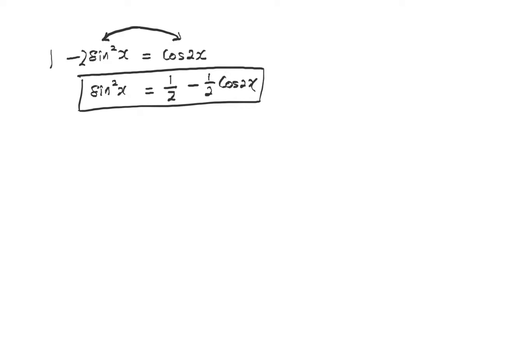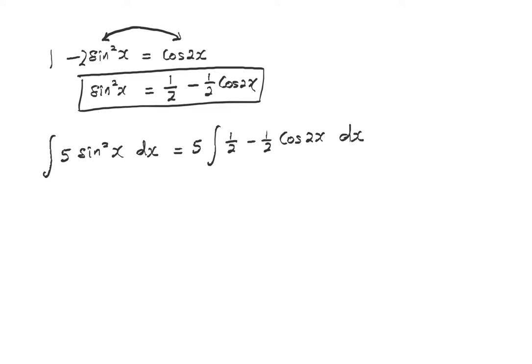Got it? So if I ask you to integrate 5 sin square x dx, you just rewrite this as 5, just let it be outside, 5 times the integral of half minus half cos 2x dx. You get me? So this is equal to 5, you integrate half, you get half x.